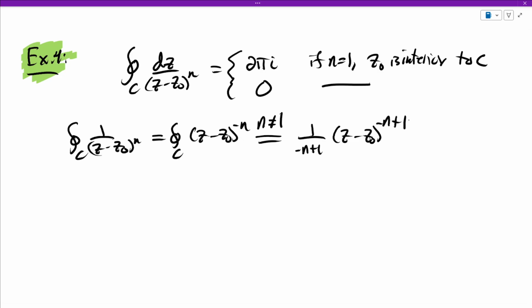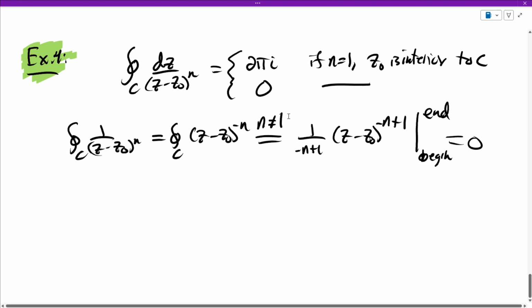It's not exactly true because we haven't shown that you can compute these with antiderivatives, but you can in this case, and this is going to be the start point minus the end point, and that's perfectly fine to do. And when you begin and end at the same point, you're going to get 0. So when n is not 1, this is what you get.